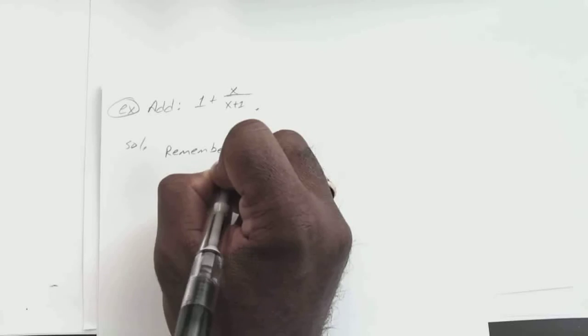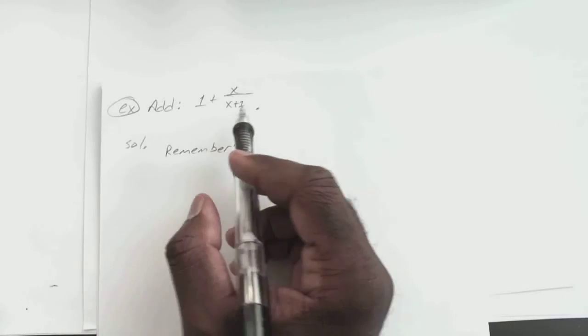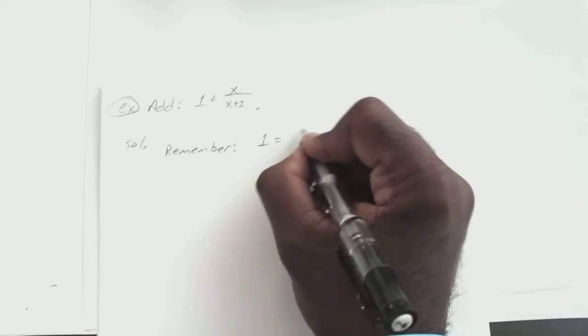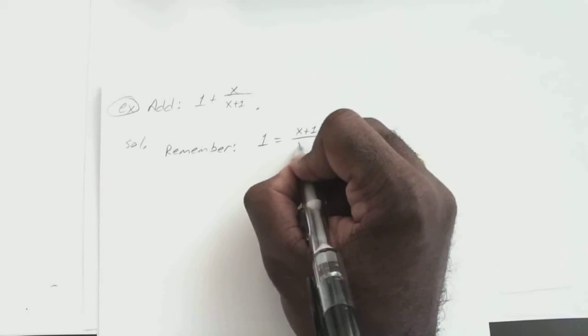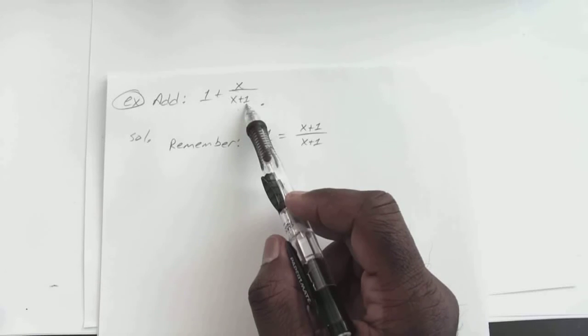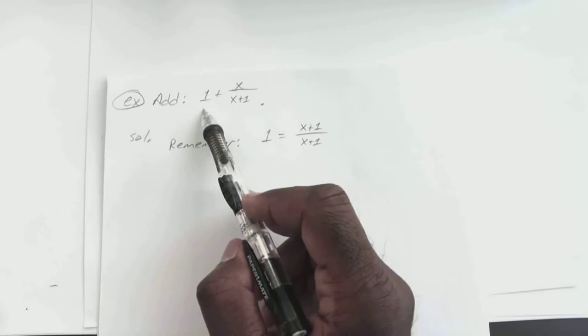Because if you remember, whatever that denominator is, you can make 1 equal x plus 1 over x plus 1. If that denominator was x minus 5, you could have made this x minus 5 over x minus 5. So you don't have to search for a least common denominator. You can make it whatever you want.